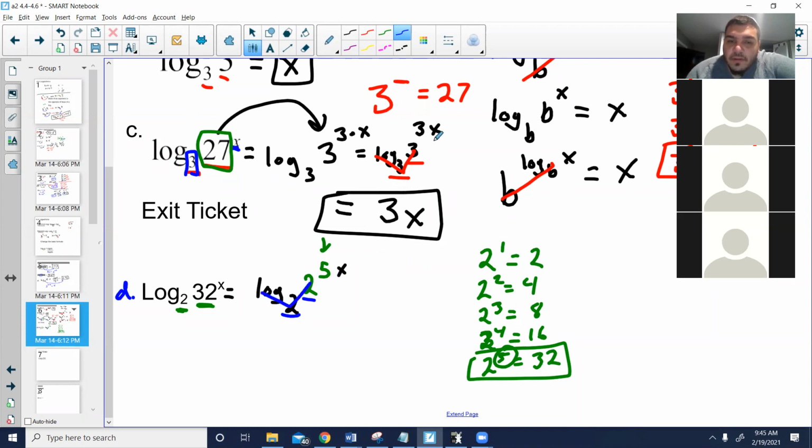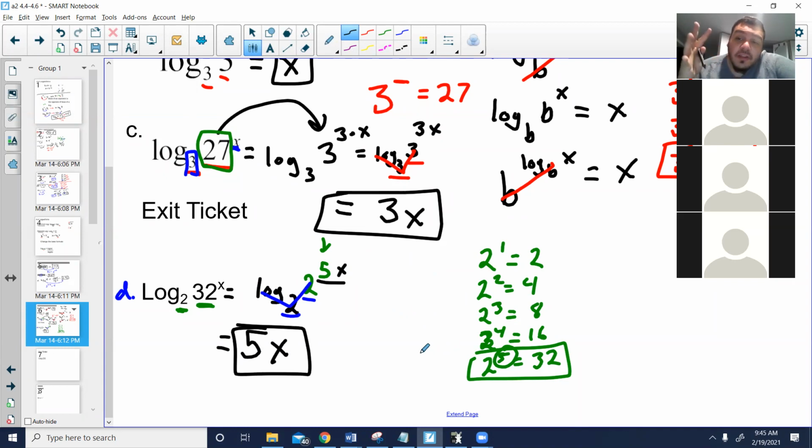Can you cancel it? Cross them out. Okay. Yeah, cancel it out. Which means, who am I left with? Simply 5x. So remember, your goal is to change the number to match the base. You're changing 32 to match the 2, okay?